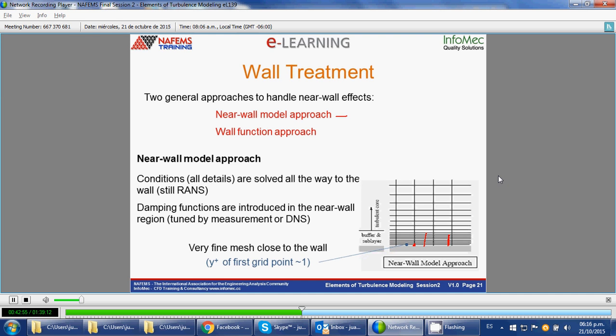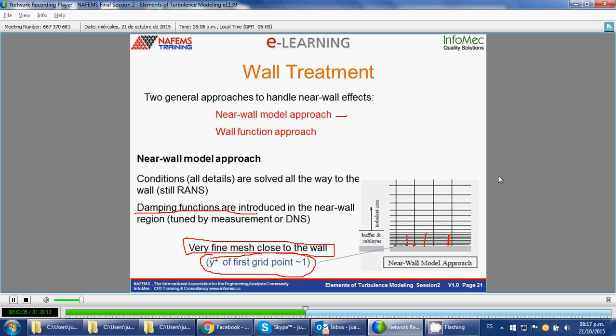Because K epsilon will have problems, we introduce some damping function into it. Where do we get this damping function? We use experimental data or direct numerical simulation to create it. But it requires a very fine grid all the way to the wall. The very first point away from the wall should have a y plus close to 1. Remember, this is a non-dimensional number. So this requires a very fine grid, but it models all the way to the wall.